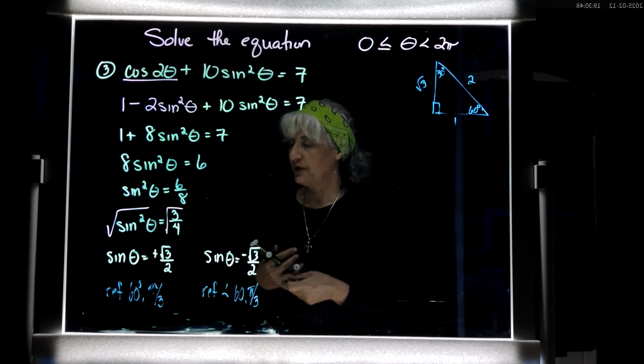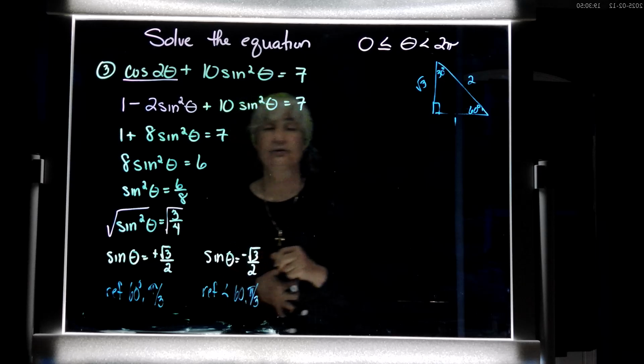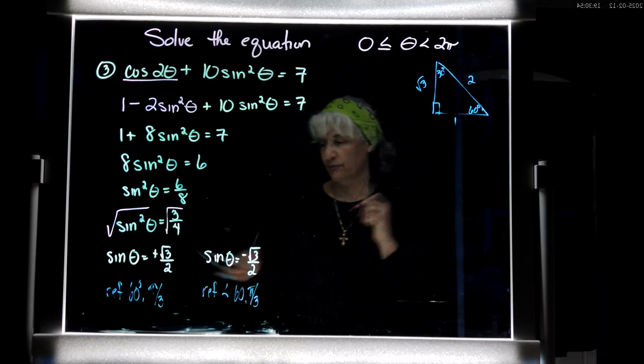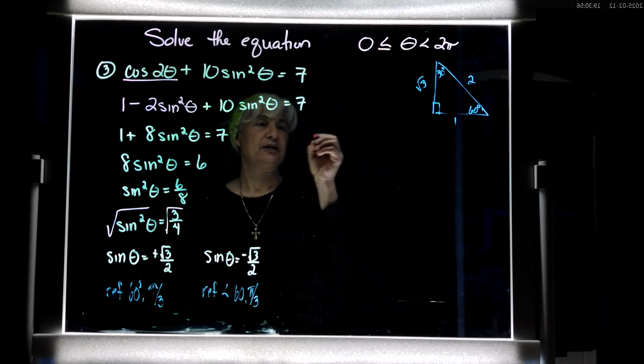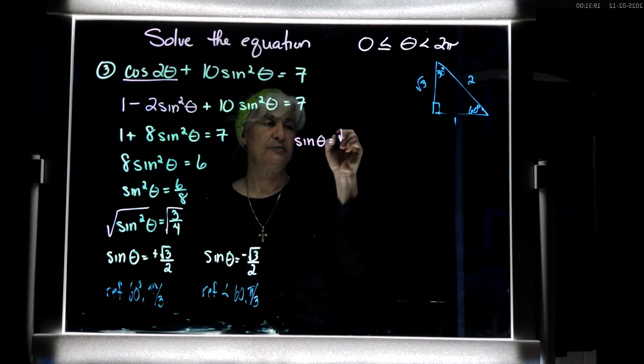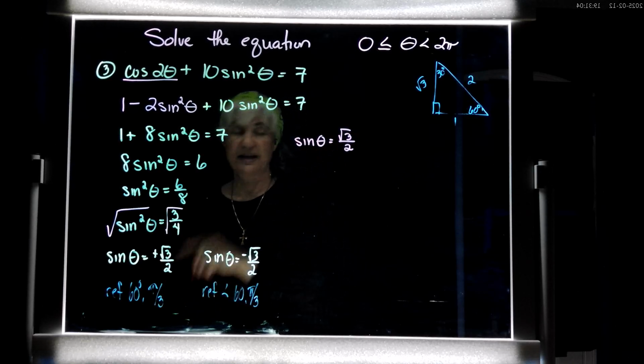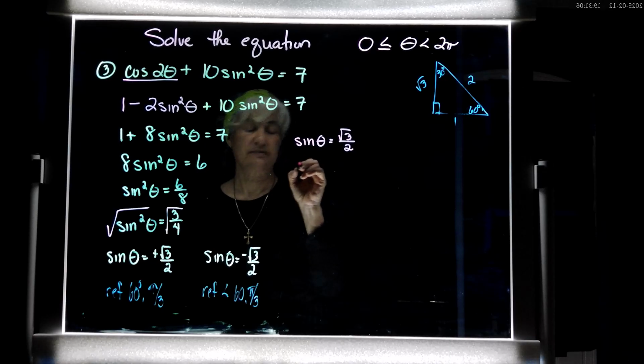The reference angle is 60 degrees or pi over 3. Agreed? Okay. Now, we got to figure out quadrants. I'm going to bring my work up here because I'm running out of board space down there. So the sine of theta is a positive square root of 3 over 2. My reference angle is pi over 3.